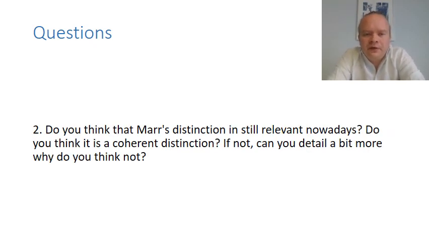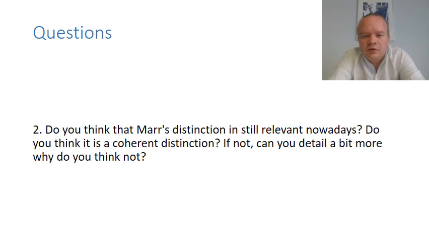Second question, do you think that Marr's distinction is still relevant nowadays? Do you think it's a coherent distinction? If not, can you detail a bit more why do you think not? Well, I think it is relevant. It's relevant as a theoretical framework. So, for example, my own paper here greatly benefits from having this theoretical framework because the distinction between the computational level and algorithmic level is something that I use here to illuminate the problem-solving capacities that we have.